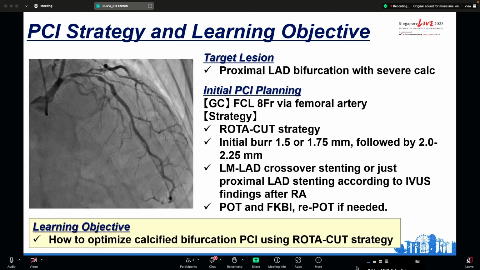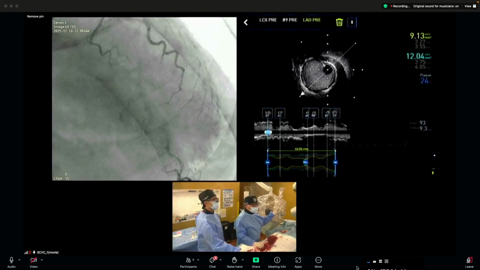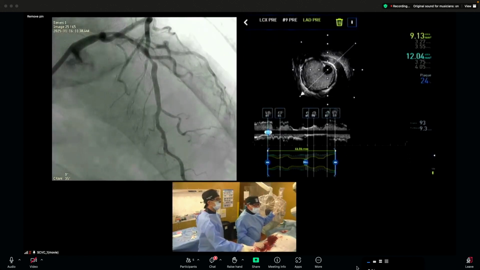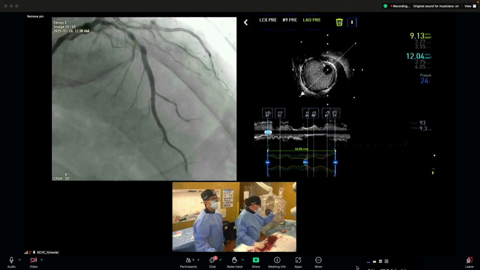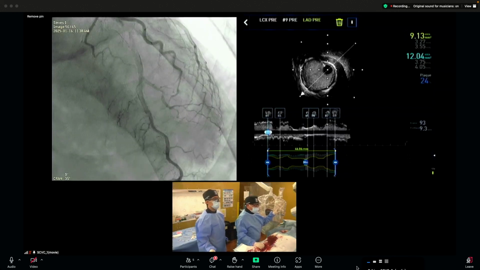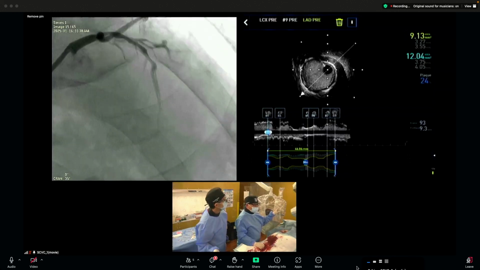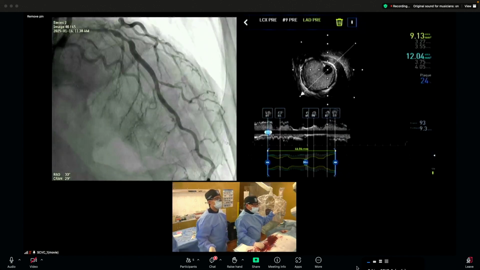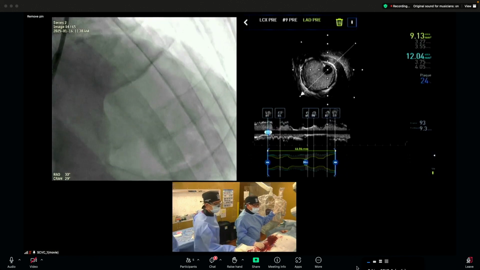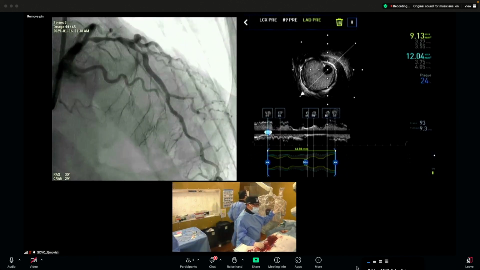Adrian Sensei, is it better to share today's angio and IVUS? Yes. Okay, this is today's angiogram. This is the epicranial view, and next, the RAO cranial view. I think this is a good image to rotablate the distal part.